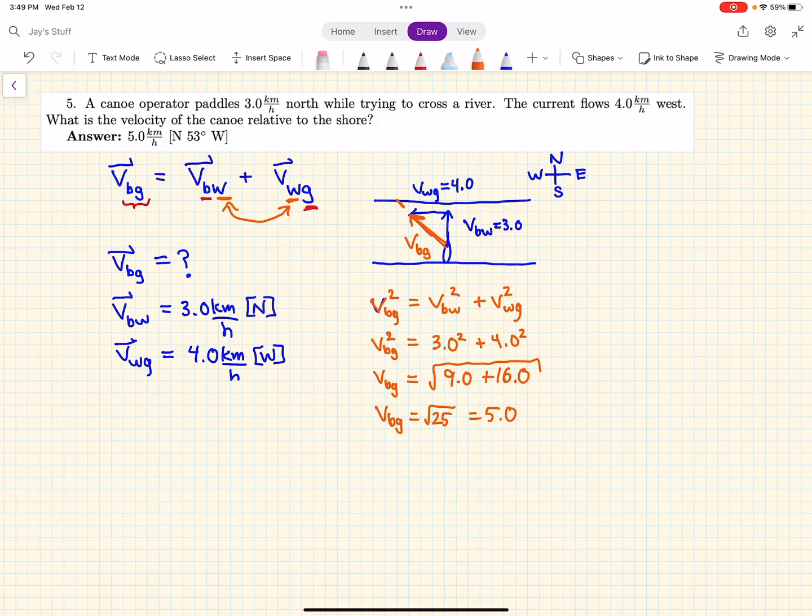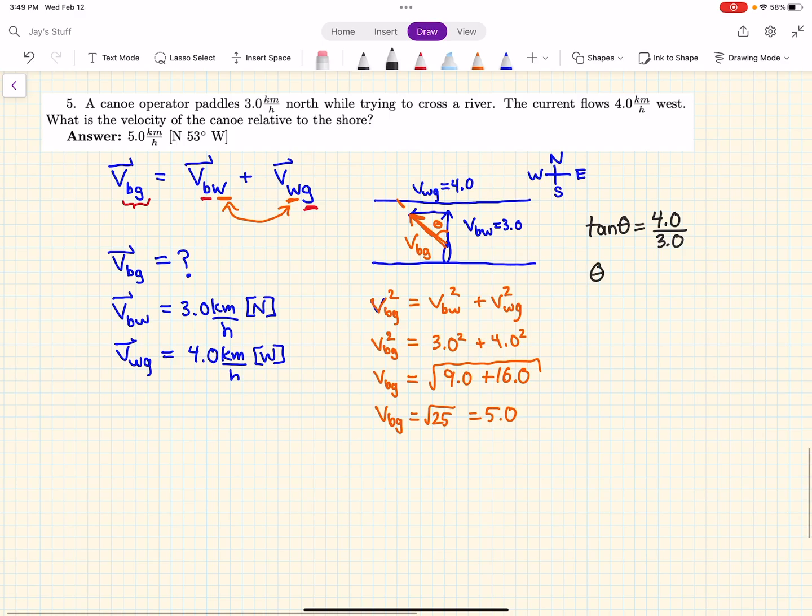Okay, so we have the magnitude now of that orange vector, but it's a vector, so it needs to have a direction also. So in order to describe where that vector is pointing, we need now to find this angle. But we can do that using trig ratios. So tan of that angle would be equal to the opposite, which would be the 4, divided by the adjacent side, which would be 3.